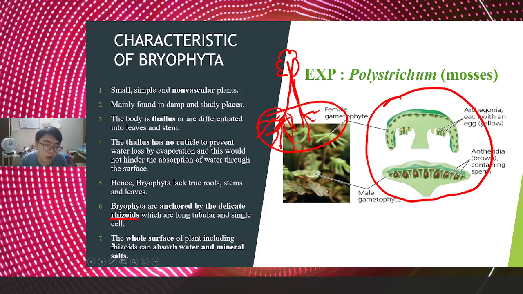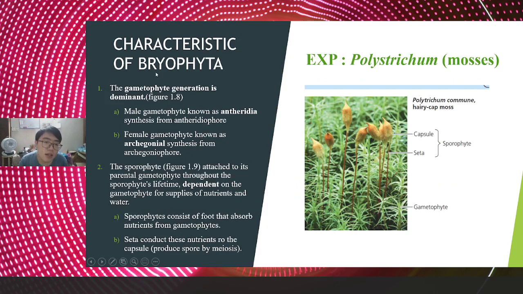Okay, the sixth point is the whole surface of the plant including rhizoids can absorb water and mineral salts. The seventh point is the gametophyte generation is dominant. The eighth point is the nutrient of the sporophyte depends on the gametophyte. This is totally new.